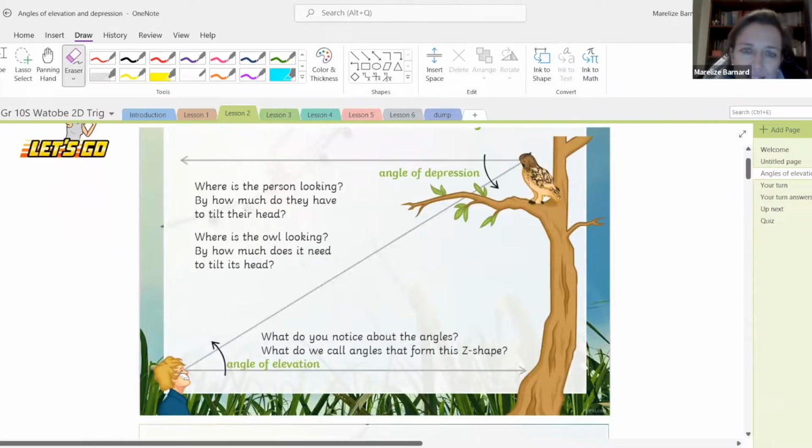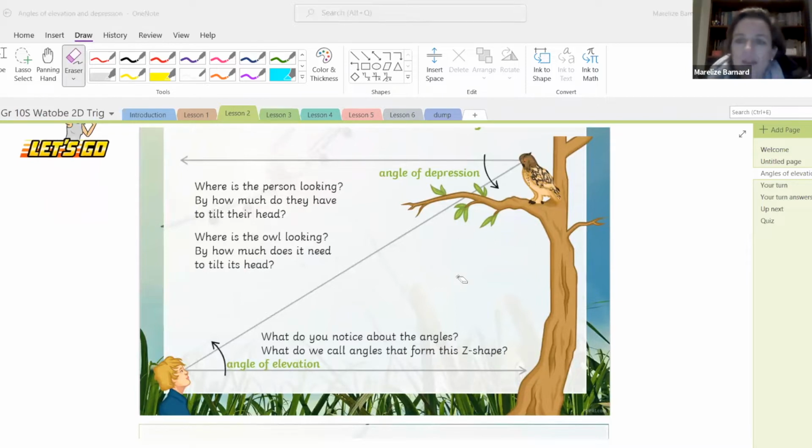He is standing over here and he is looking up at this owl. Because he is looking up, and you were right about the horizontal plane, because we draw this horizontal line here, and then the angle of elevation is the angle that is made by looking up at the owl.